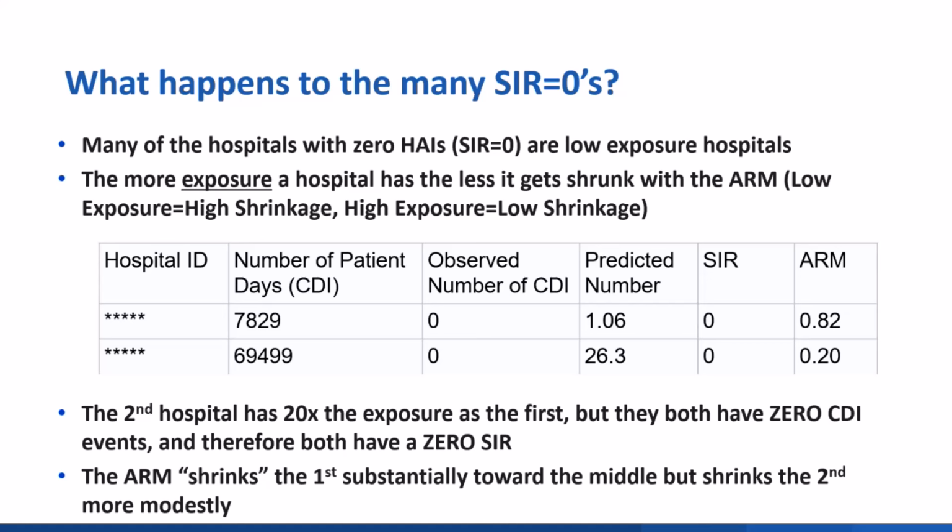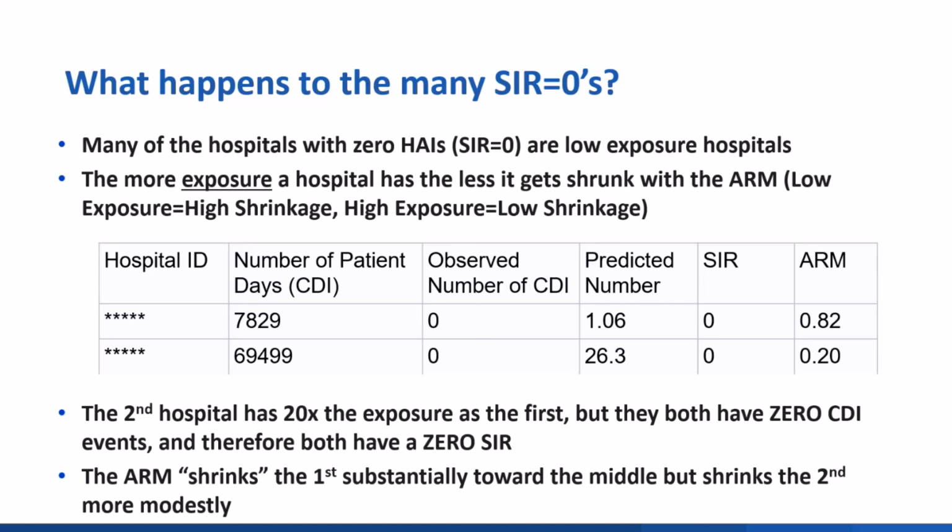Not all of them, but many. And so having a low exposure to an event means you're much more likely not to have an event. I'm not saying anything magical there. There is an inverse relationship between the exposure a hospital has and the amount it gets shrunk with the ARM. So the more exposure a hospital has, the lower the ARM is shrunk.